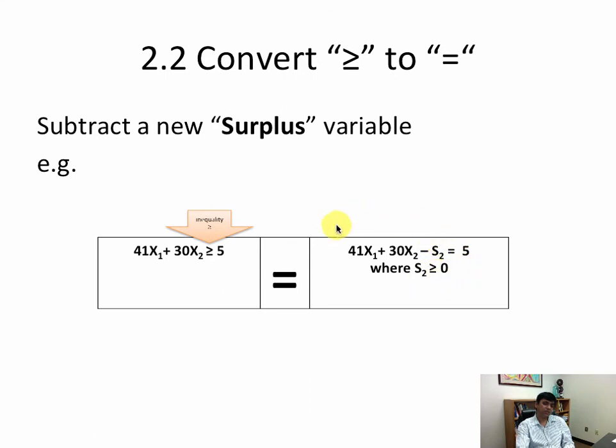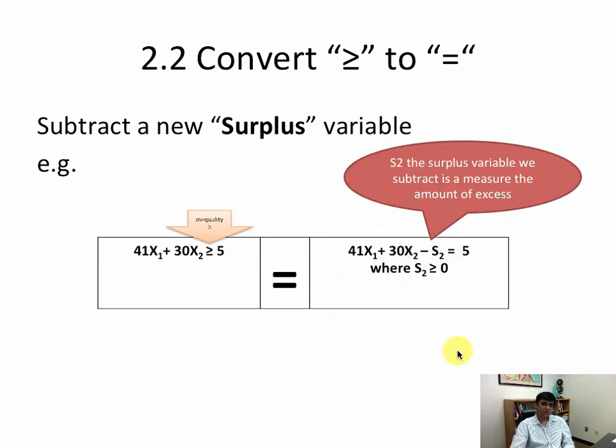If you think about this, if s2 is greater than 0, that means this side of the equation is greater than 5. So s2 is the surplus variable, and it is a measure of the amount of excess that we have. Similarly, mathematically, s2 = 41x1 + 30x2 - 5 in this case.